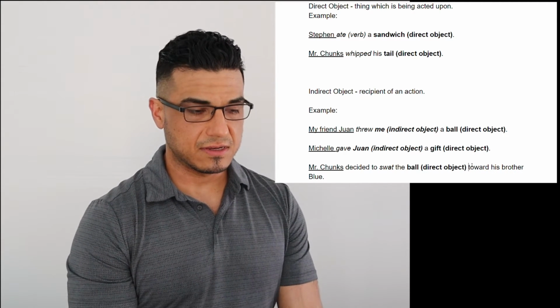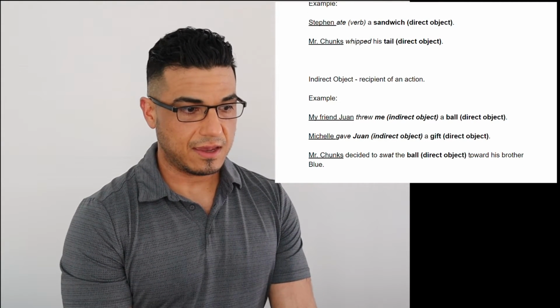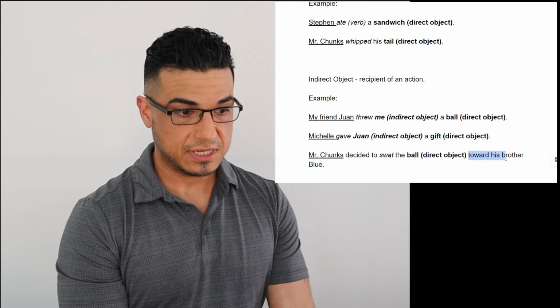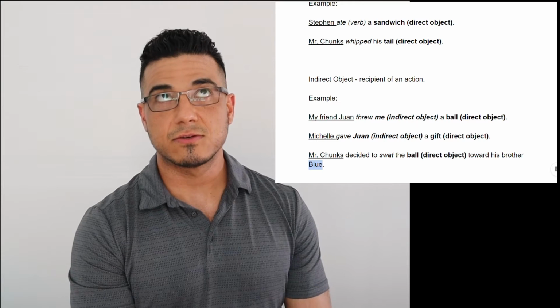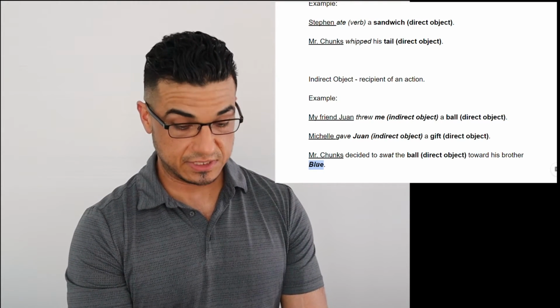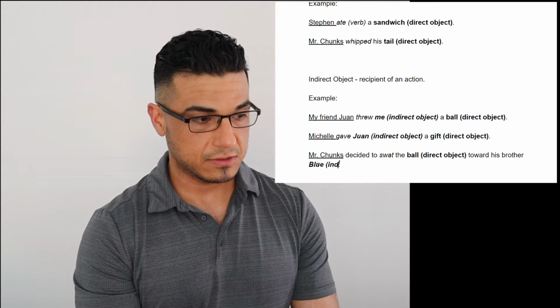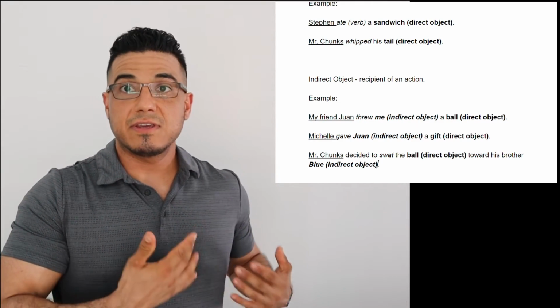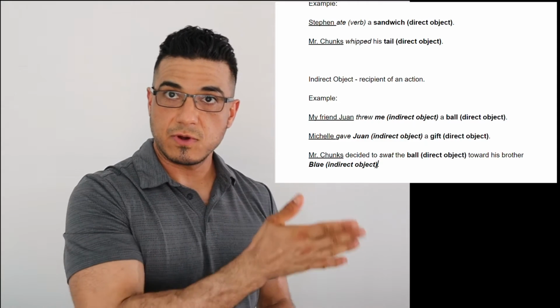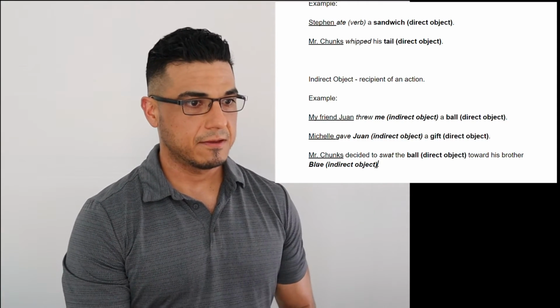And then we have this adverbial phrase towards his brother, Blue, but Blue would be our indirect object because he's going to be the recipient of the action. So indirect object, right? He's the one who is receiving the ball that Mr. Chunks swat towards him.